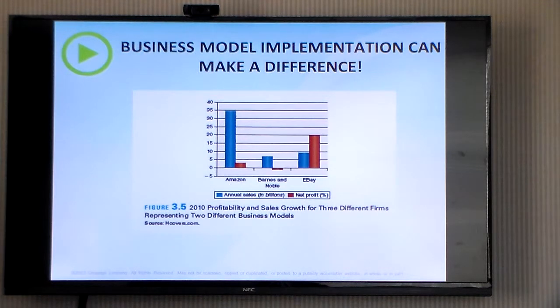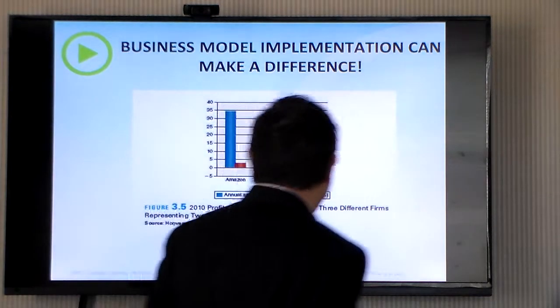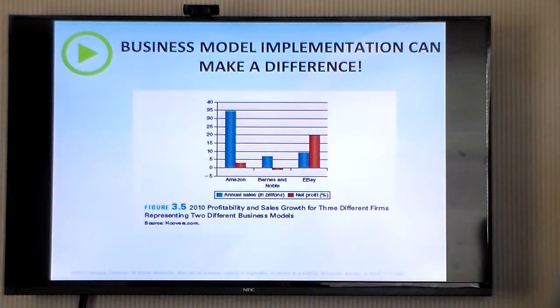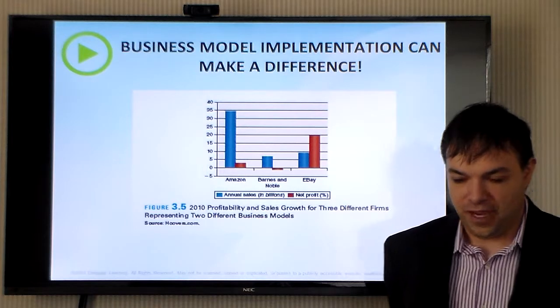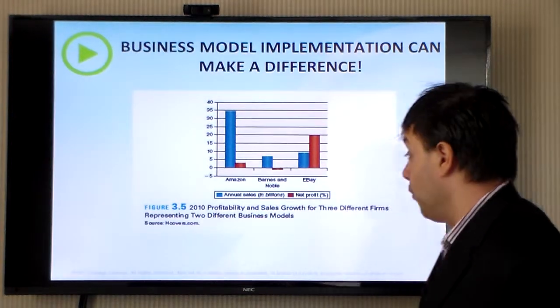So different model implementations can make a difference. I think this is worth noting because I'm sure everybody watching this shops at Amazon. Amazon does have lots of products, focuses on shipping, focuses on effectiveness, and focuses on undercutting prices.